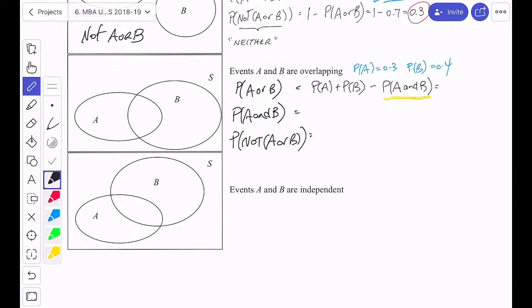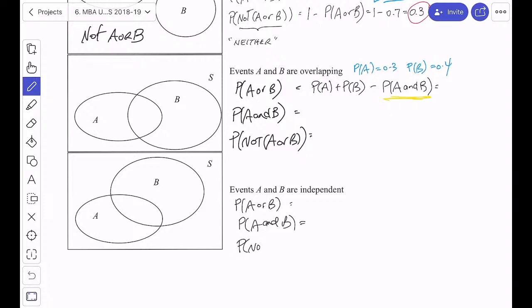What it means, and the implication, is that when events are independent, knowing that one occurred changes nothing.